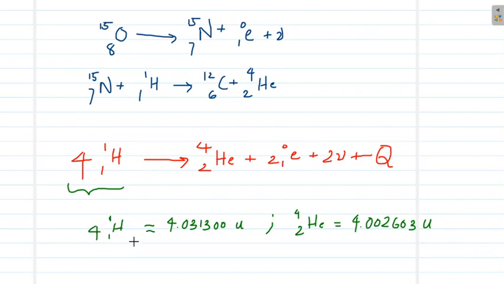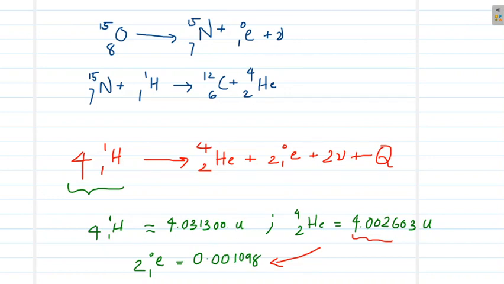So if you calculate the difference in mass, you also have to consider the mass of the positrons. So the mass of two positrons, which is very small, is approximately 0.001098. So the products have a mass of 4.002603 plus the mass of the positrons, and the initial mass is 4.031300.